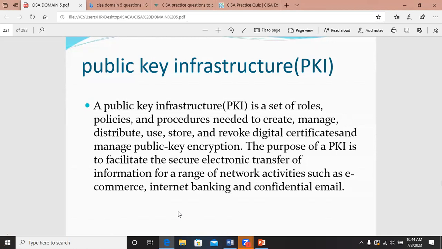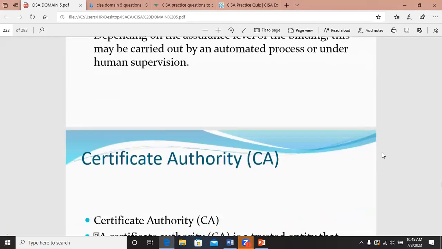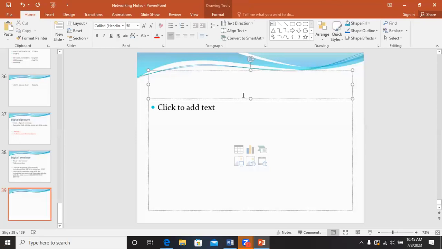People are creating dummy websites to mimic the original website. So if you are not careful, you're going to do transactions on a false website, or provide your information on a false website. That is why you have public key infrastructure, so that both parties, the seller and the buyer, can have peace of mind.